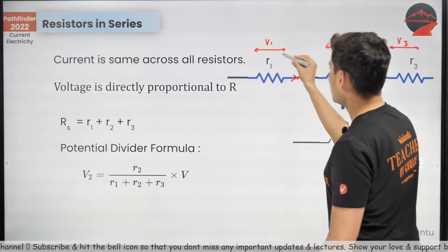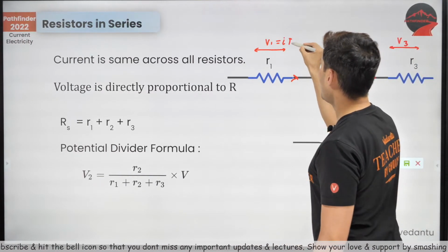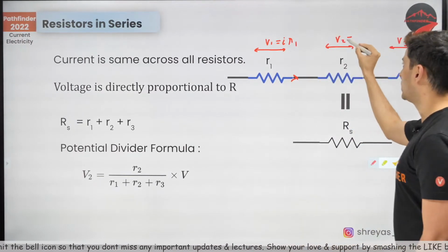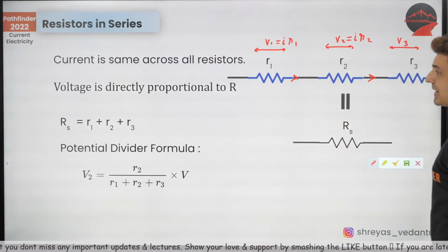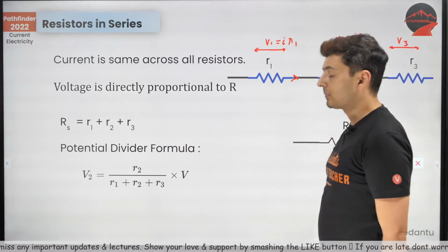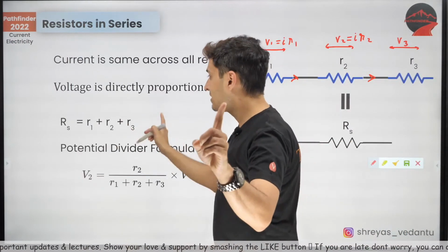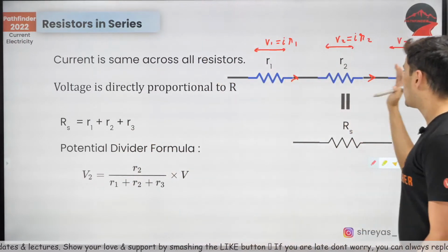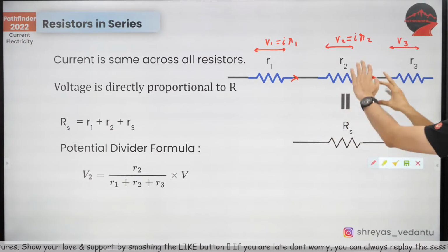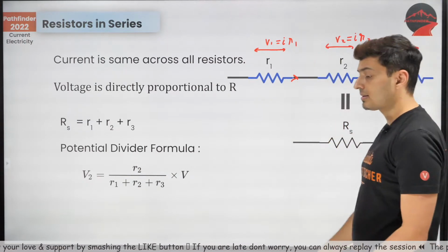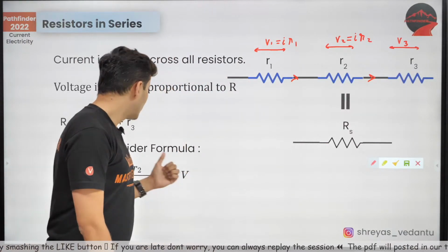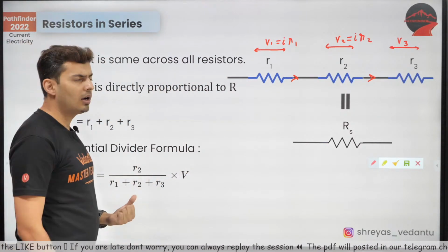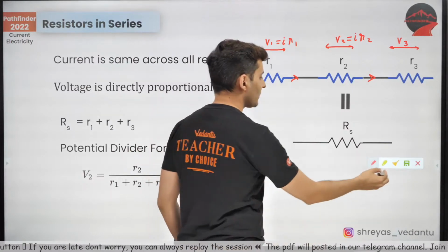The voltage across R1 will be I R1, and across R2 will be I R2, so it depends on the resistance. The effective resistance is just R1 plus R2 plus R3. So you can replace these three with one single resistance, and there is a direct formula called the potential divider formula, which is very helpful at times.